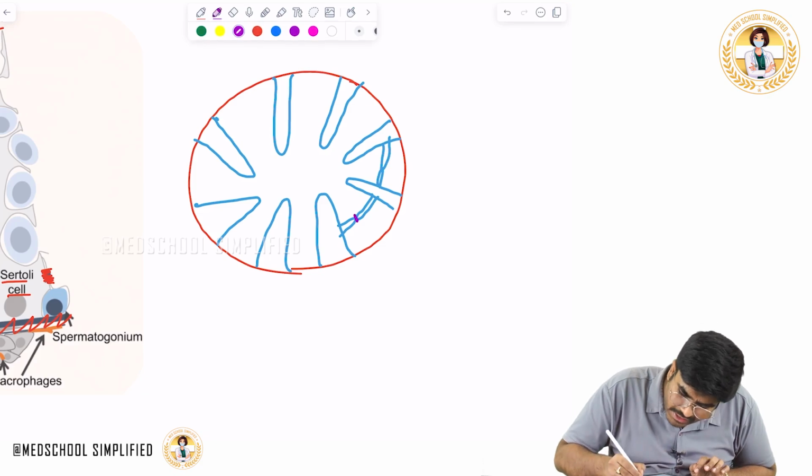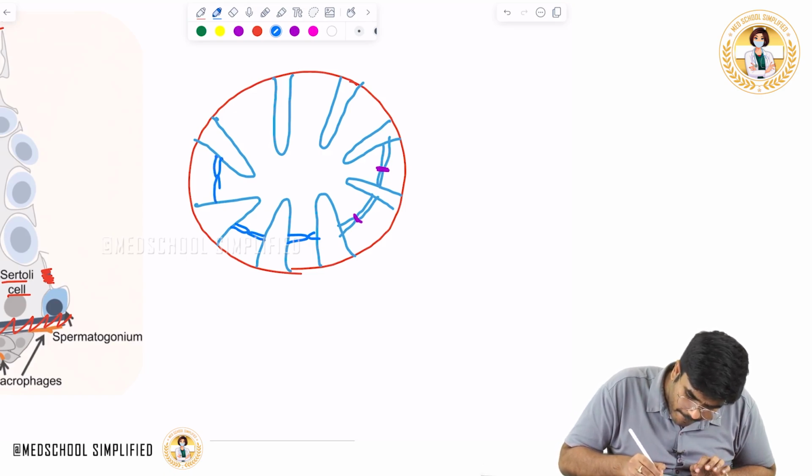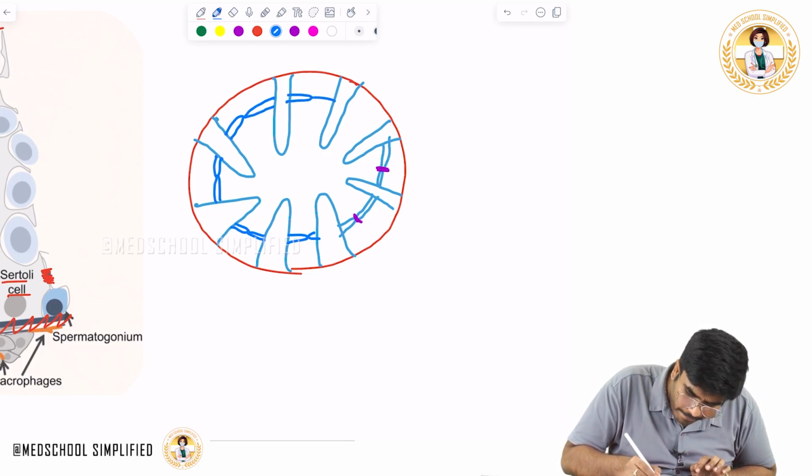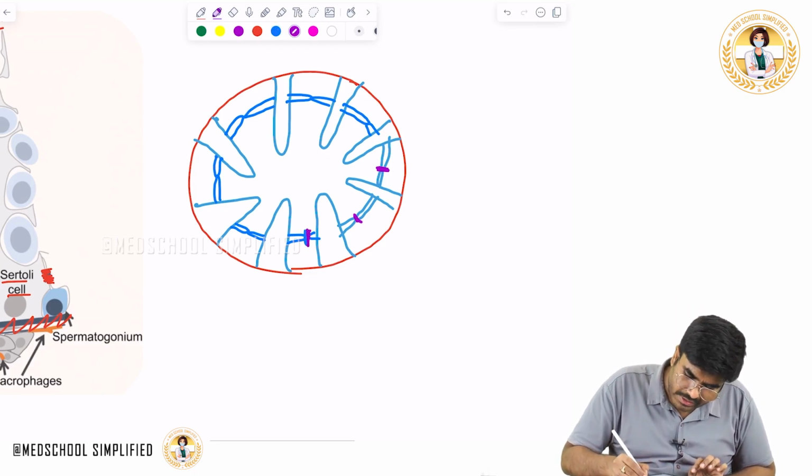There is a tight junction present. Let me continue this so that you will understand better. In between these extensions, there is a tight junction present.